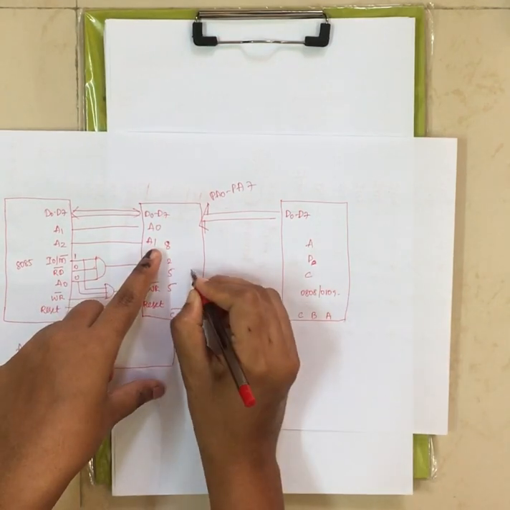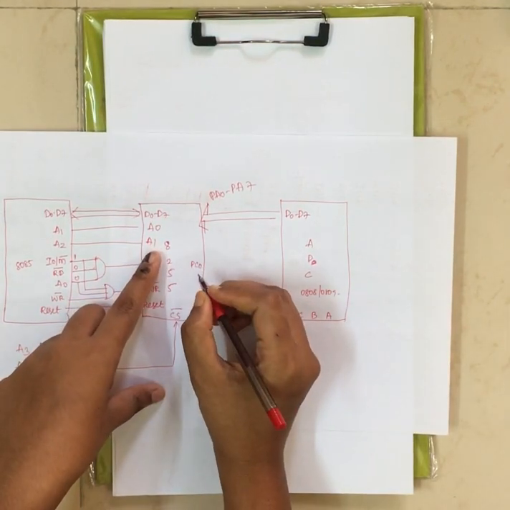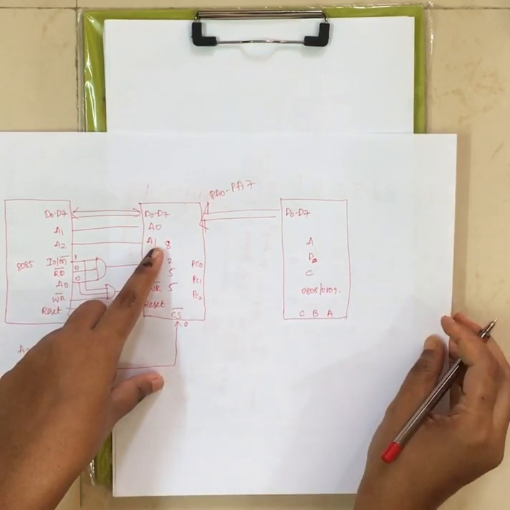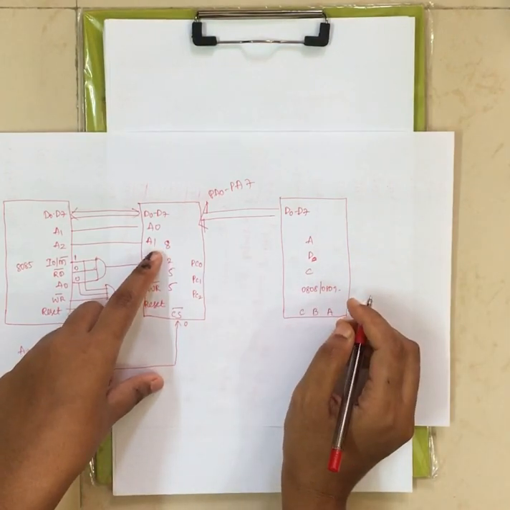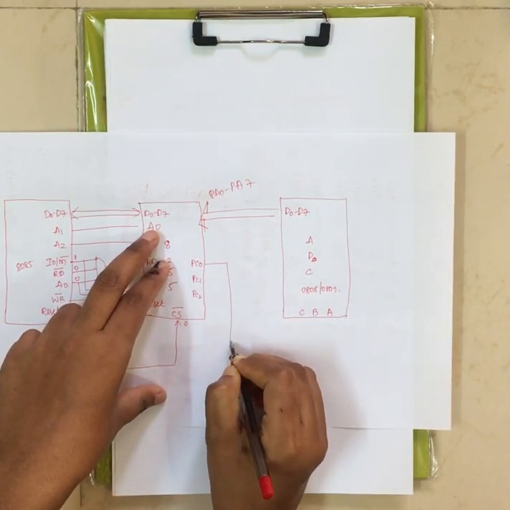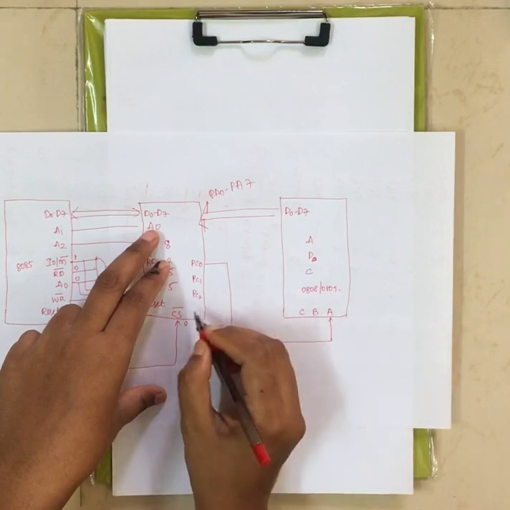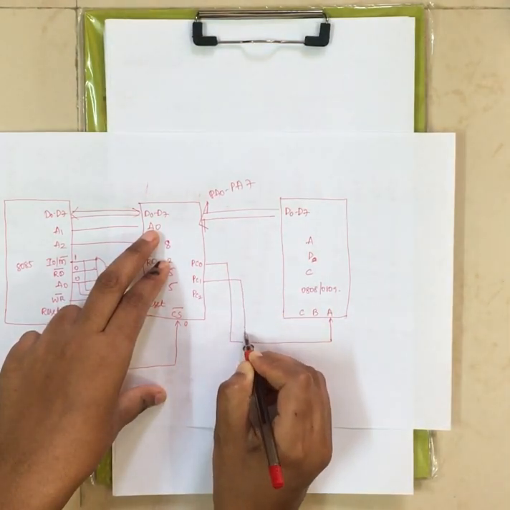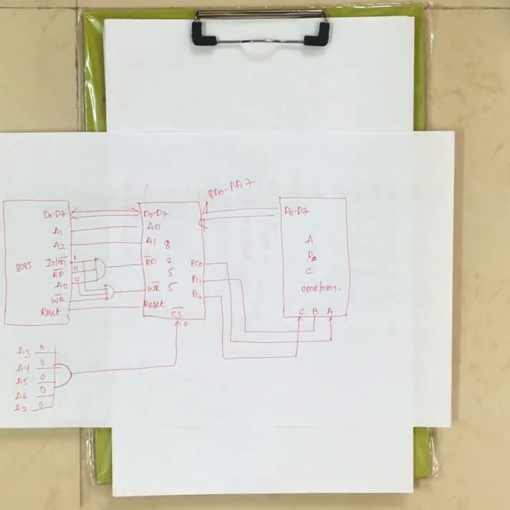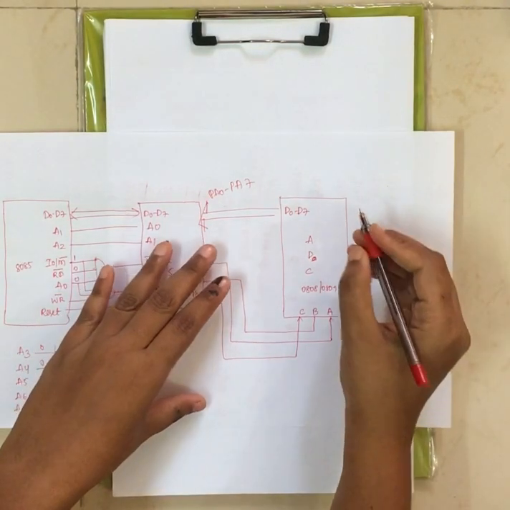PC0 is connected to channel selection A, PC1 is connected to B, and PC2 is connected to C. We are connecting the port C lower lines to ABC in order to select a particular analog input channel.